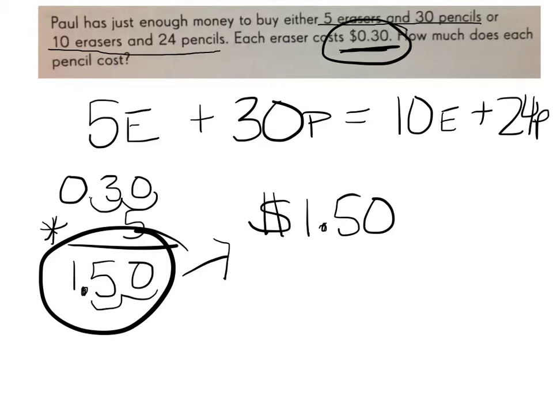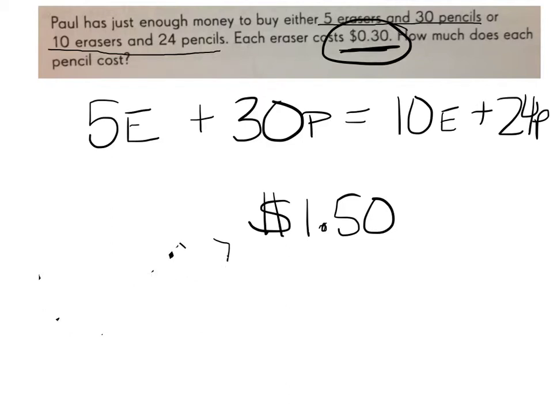Okay, I'm going to erase some of my work so that we can move on and do the other work. Now, if I know that this 5E right here is the equivalent to $1.50, I'm actually going to rewrite my expression with that $1.50 in it.